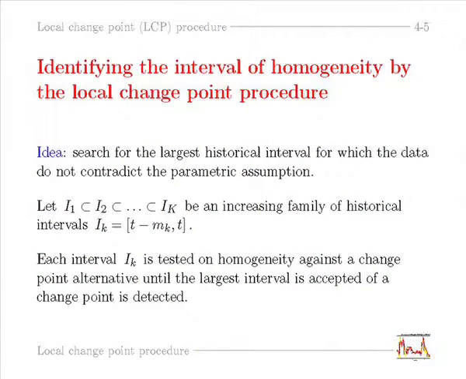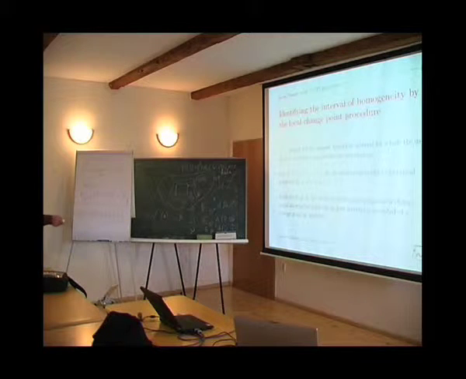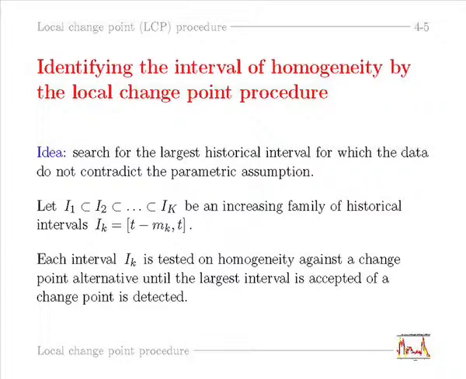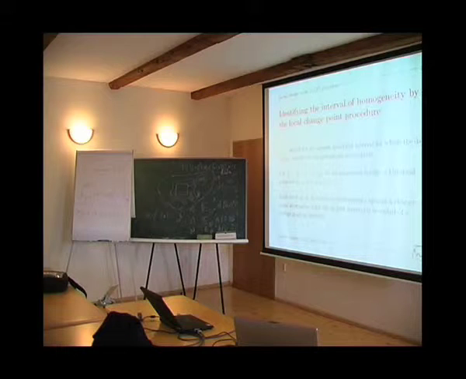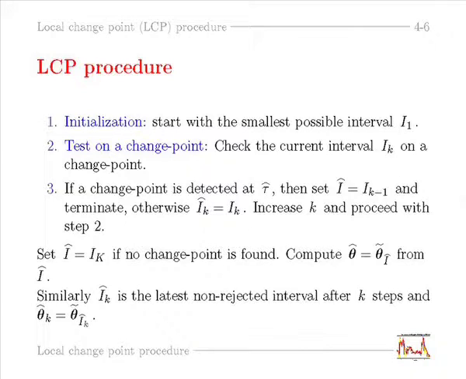Okay, so now the procedure. First you fix the set of nested intervals, exactly as presented before. You have the sequence of intervals of length mk, and you want to select the largest interval which is not rejected. You start from the smallest interval and check it for a change point.